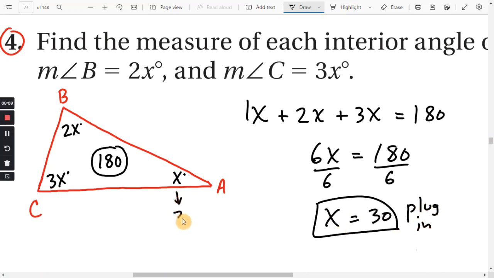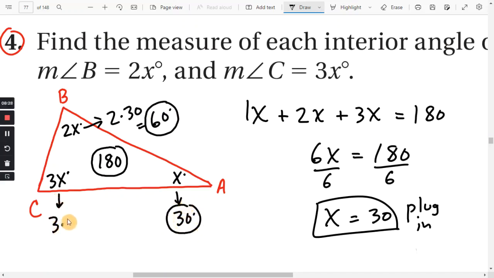So x is 30. 2x is just 2 times 30. So that's 60. And 3x, of course, is 3 times 30. So that's 90. So 30 plus 60 is 90, plus 90 is 180. Checks out.